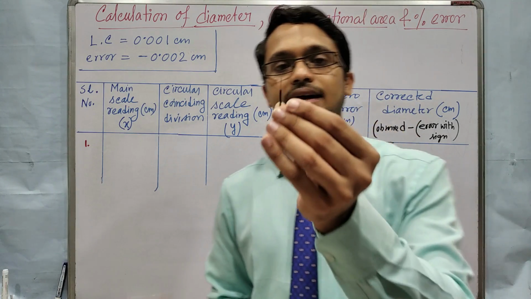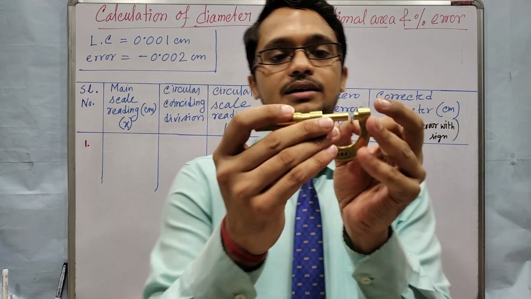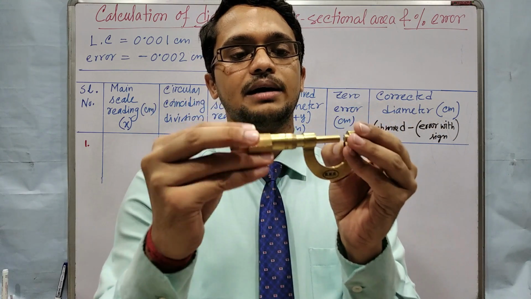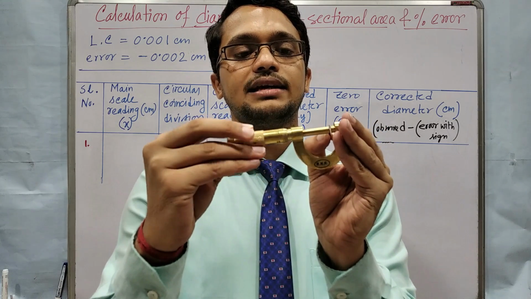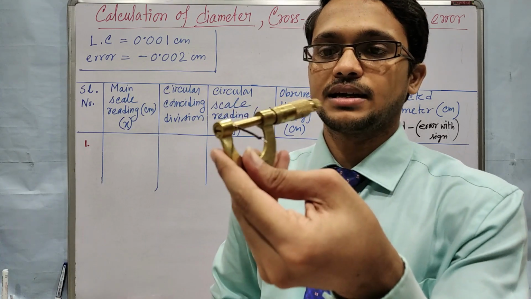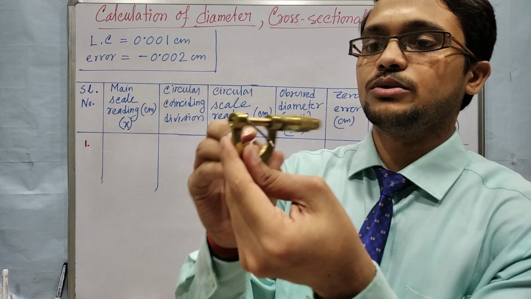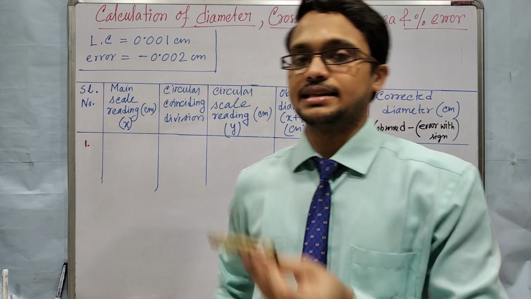So this is the wire. I am placing this wire in between the stud and spindle part. In this way I have placed the wire. I am rotating this. So it is held between the stud and spindle part. In this position we will take the reading.